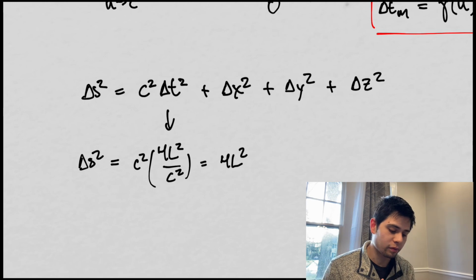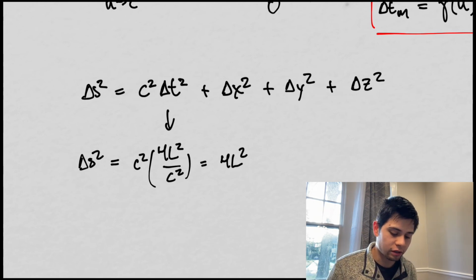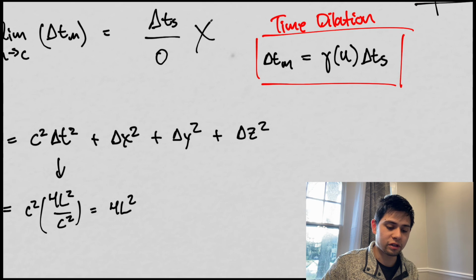But what about when we're moving in the x direction? Well, if we're moving in the x direction, the only way to get a similar length is to use our time dilation formula, right?